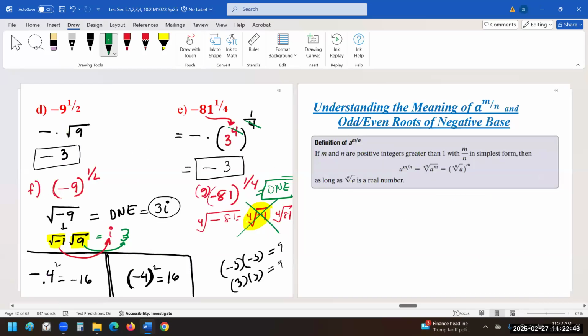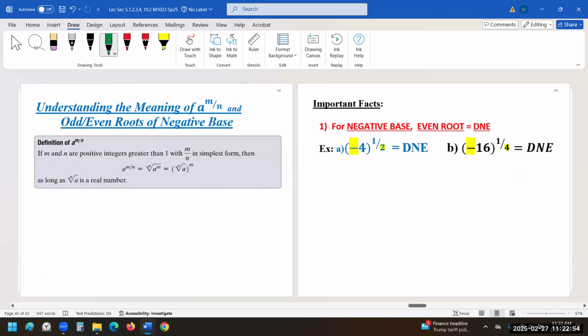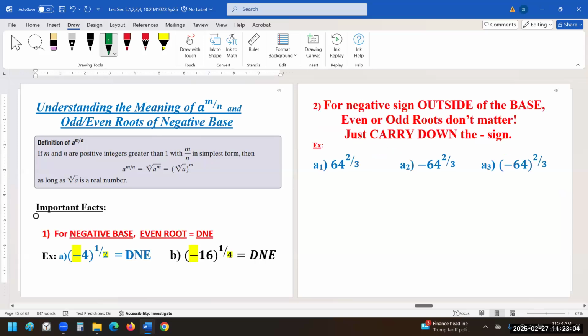Then let's do more examples. I already explained the rule to you. Here, whatever I just said, the same thing. So let me put them together.